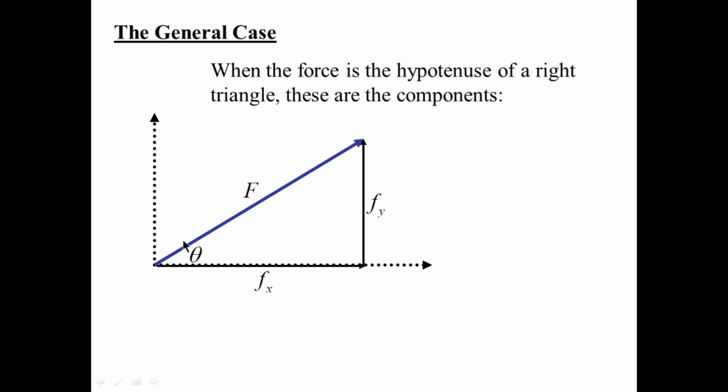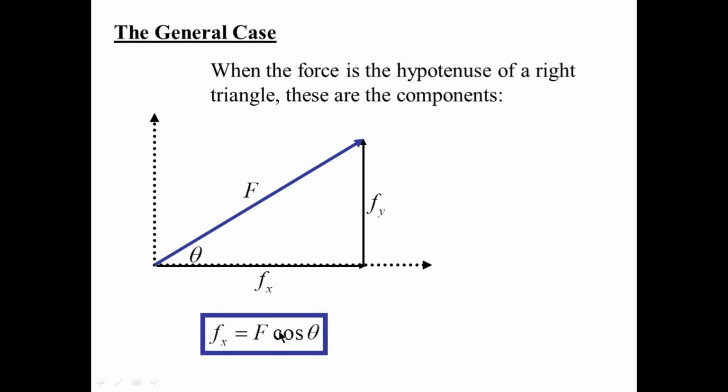Now the hypotenuse is the longest side, and a sine and a cos is a number slightly less than 1, we know from grade 11 math. So to get the force in the x direction, we'll take the force and multiply it by, in this case, the cosine of theta.